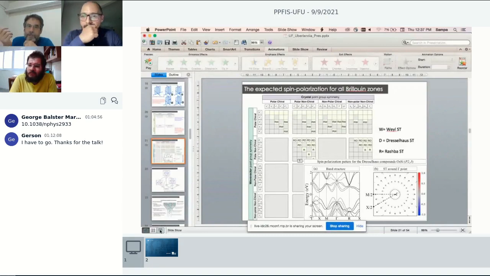That's one of the discussions. But if it's a topological property, you don't need any translational symmetry. You don't need a Brillouin zone to have the property, because it's not dependent on a spatial symmetry.